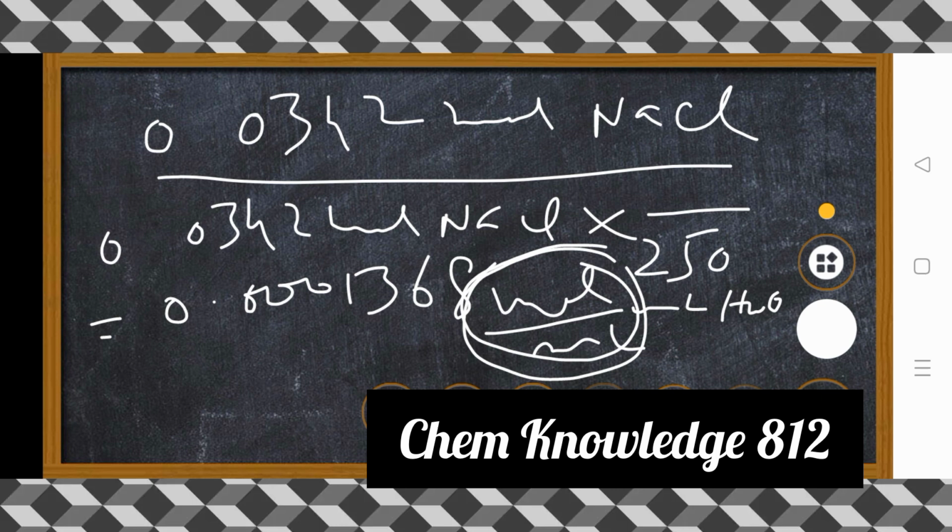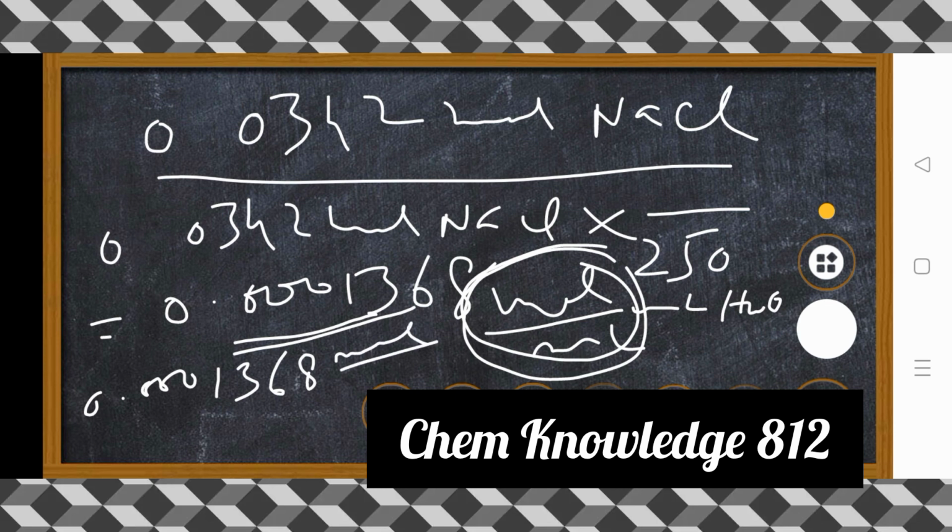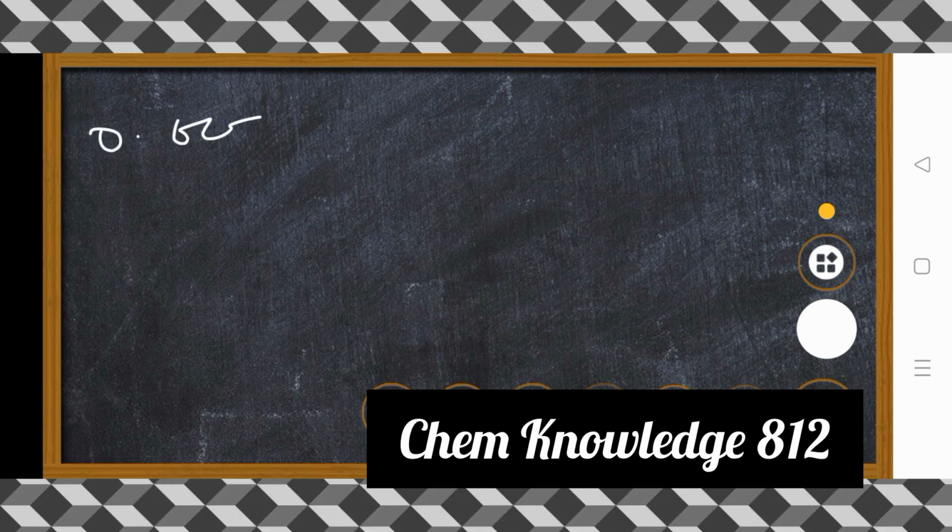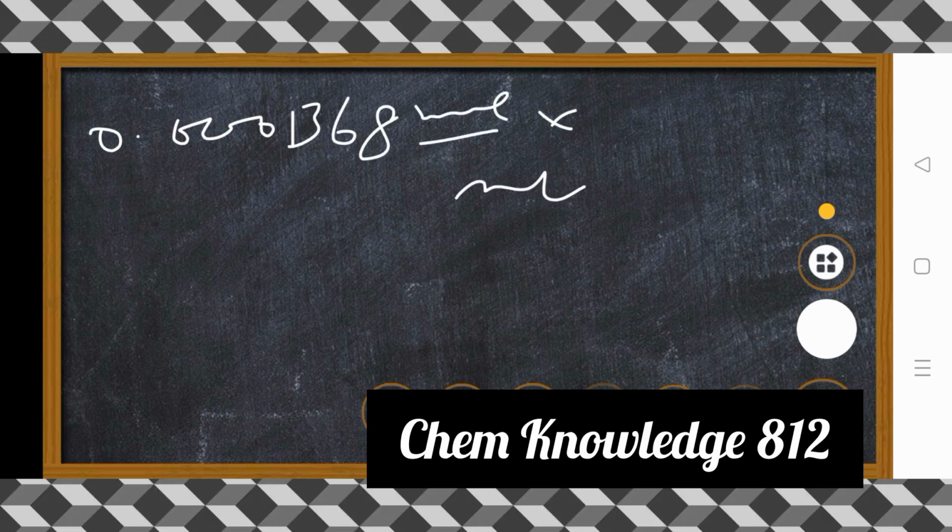We should simply multiply this figure by 1000, because we know that 1000 ml is equal to 1 liter.